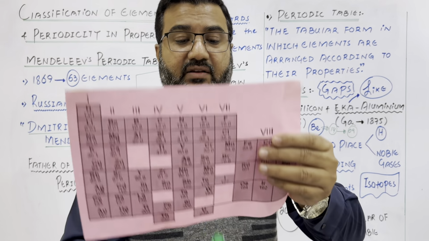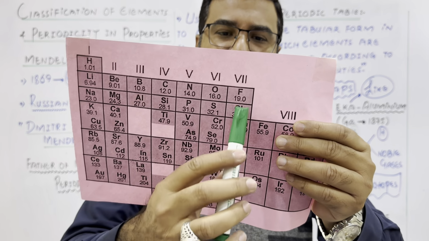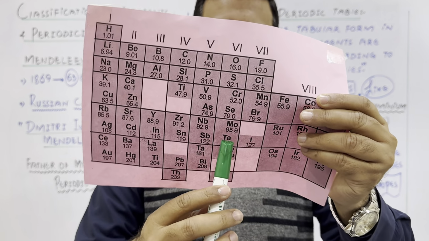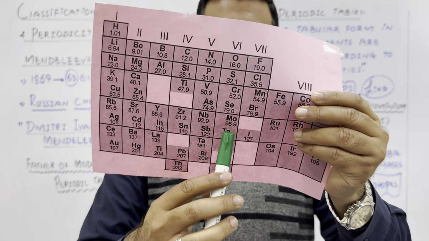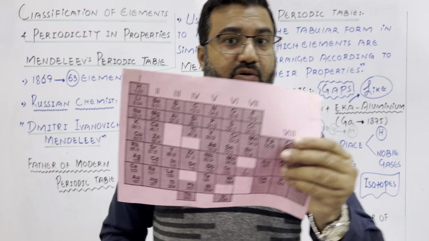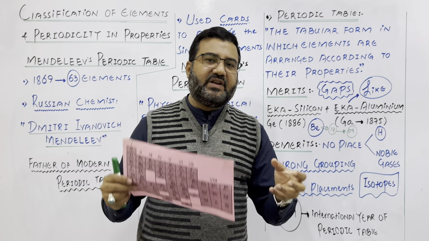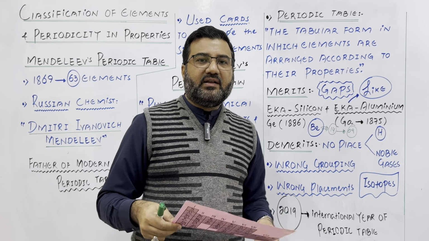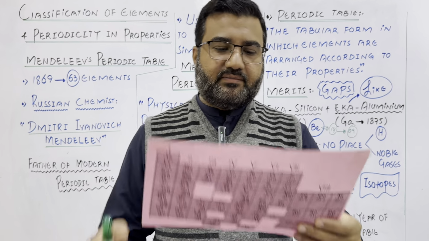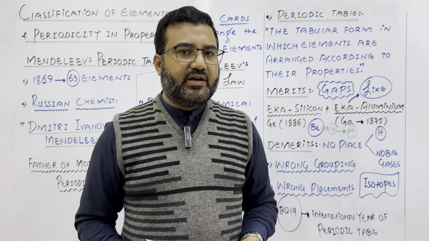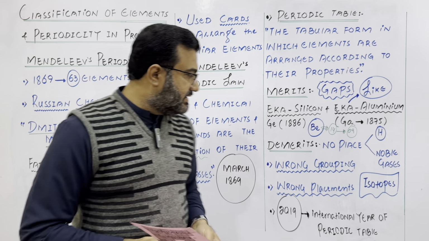Because iodine was having similar properties to other halogens, if he placed iodine in the place of tellurium, then the properties of iodine do not match with oxygen, sulfur, and other members of this group. So it was basically his mistake that he placed iodine next to tellurium, although iodine was having smaller mass, and this is not according to the ascending order of the atomic masses.